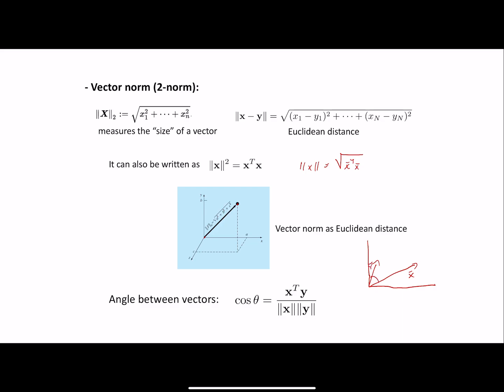The angle between these two vectors, which we call theta, can be retrieved via the cosine of the angle formula, meaning you take the dot product between these two vectors, divide by their lengths, and that will be equal to the cosine of the angle between them. If we would like to retrieve the angle, we apply the inverse cosine function.